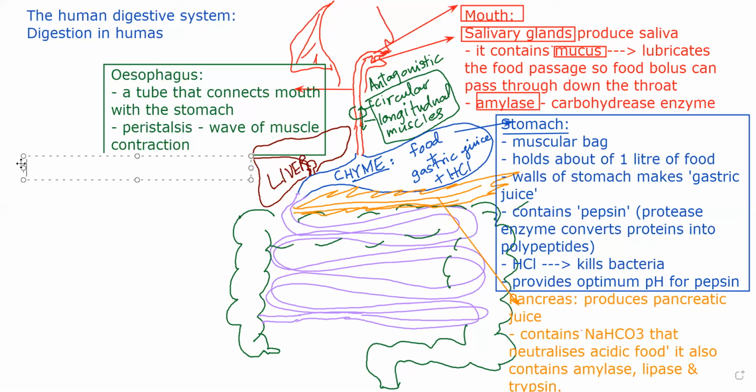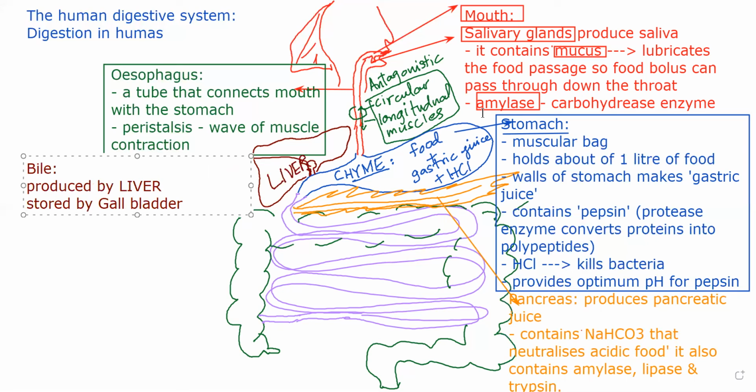Bile is produced by the liver and stored by the gallbladder. Where is our gallbladder? As you can see, this is basically the gallbladder.